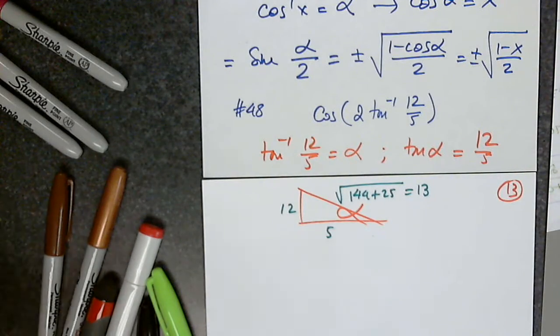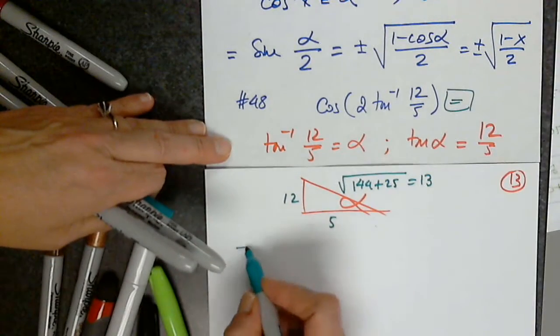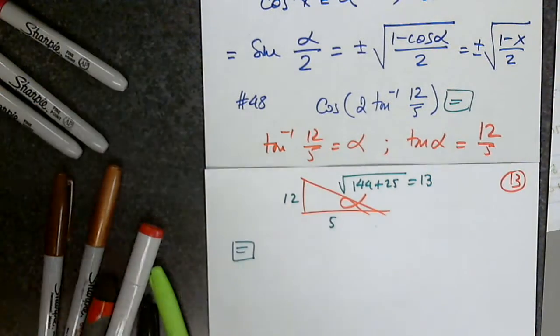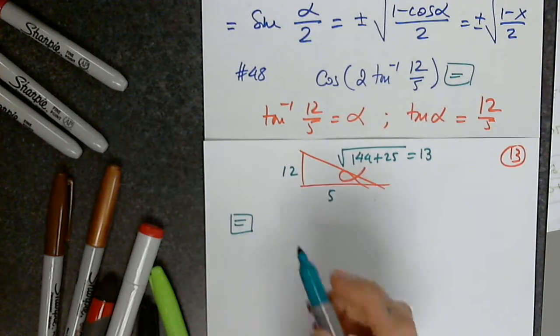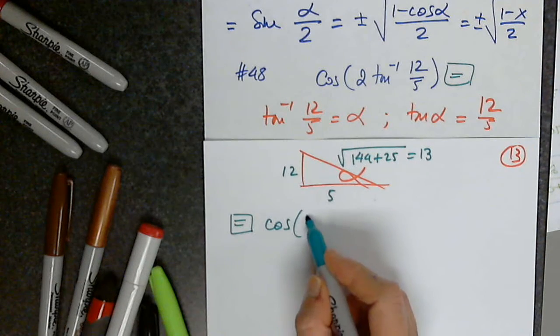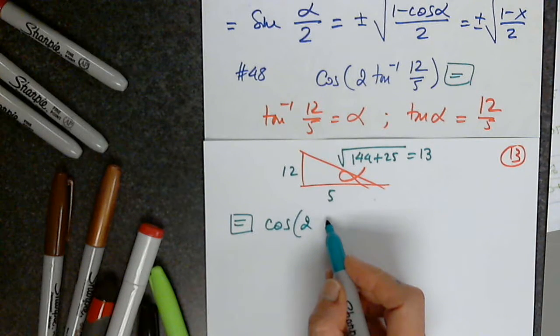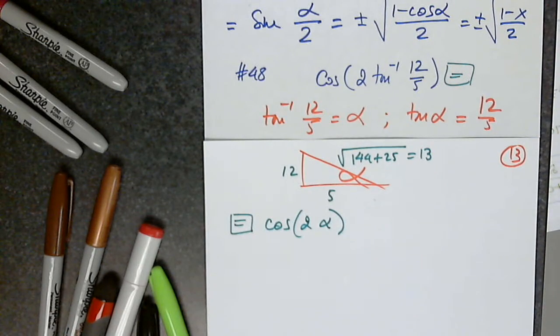I haven't even established what I'm asked to find. So let's establish what we are asked to find. I'm asked to find cosine of 2 alpha. I have to be asked to find cosine of an angle, and it's twice that angle.